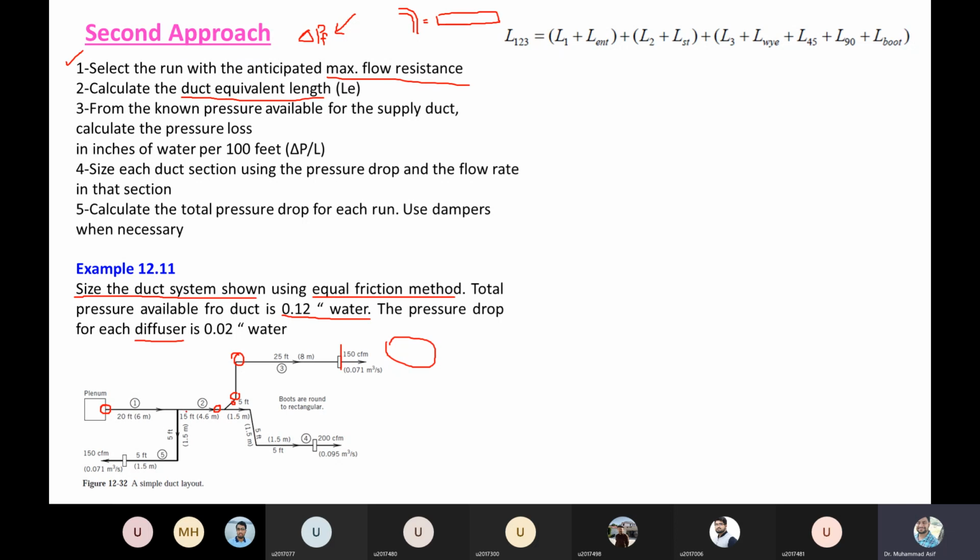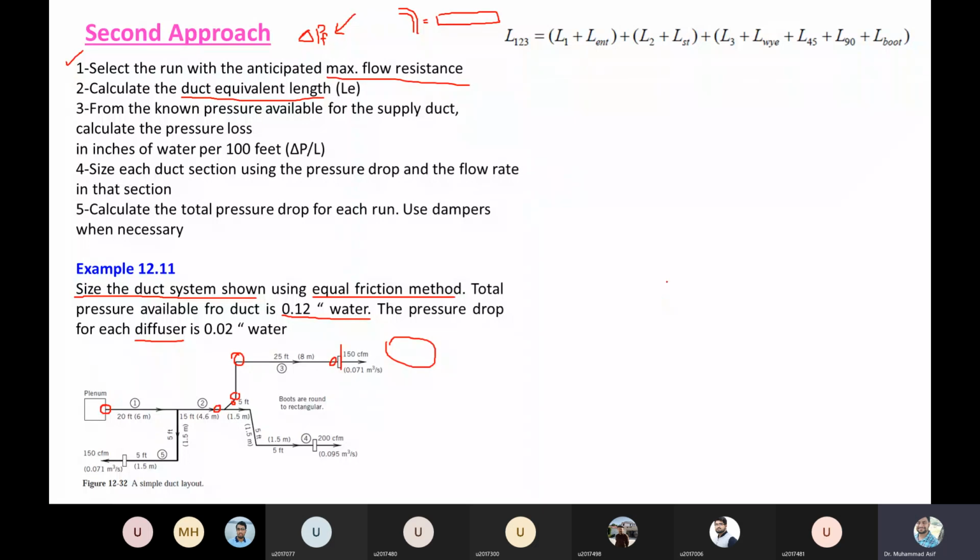Similarly, the next length is, let's say, 4.6 plus this one, ST, I mean, that's the joining, right? And similarly, we can have the equivalent length of the Y. Then we have the 45-degree elbow, and then the 90-degree elbow, and finally this one, the connection, right?